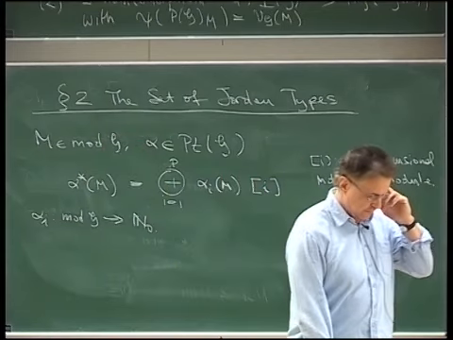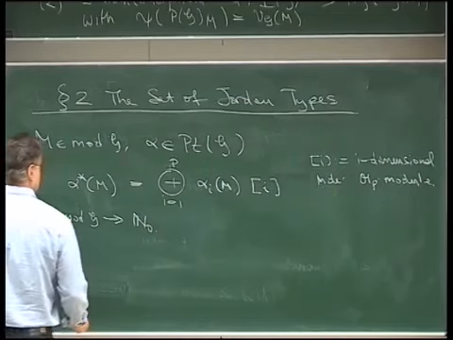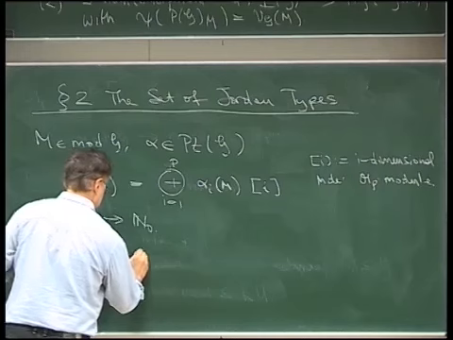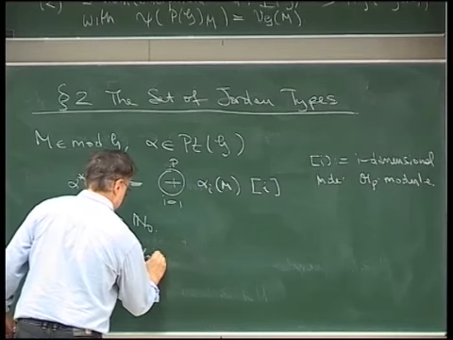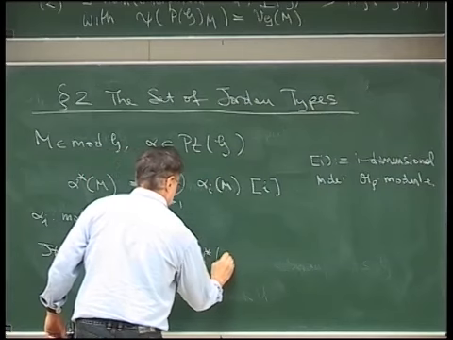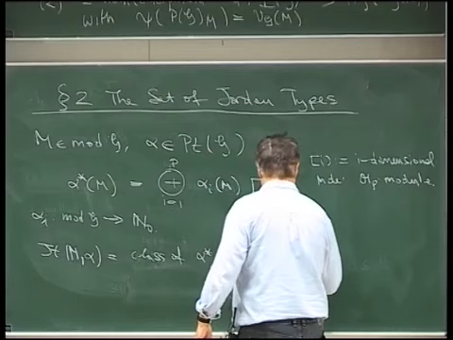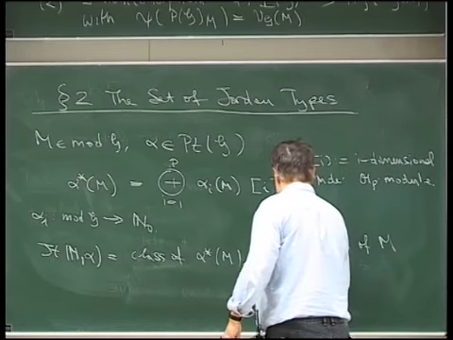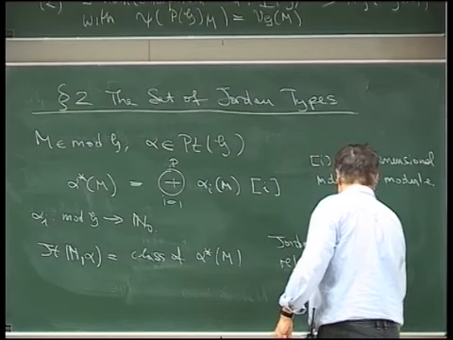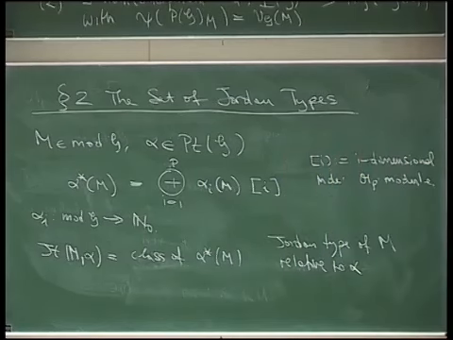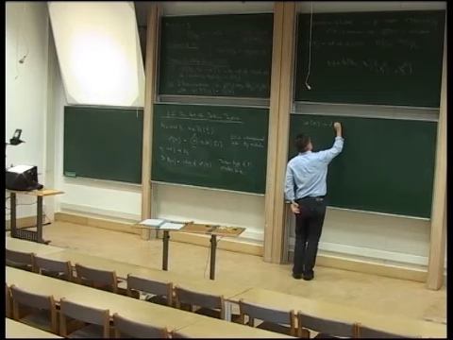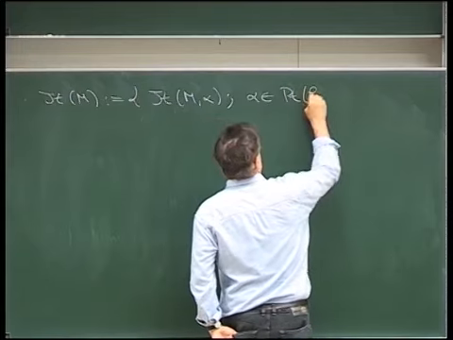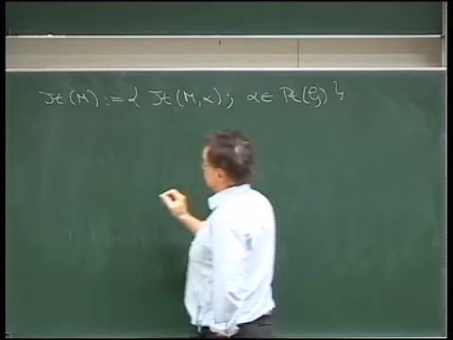And so the isoclass of alpha star of M, this is then the Jordan type of M relative to alpha, and you get a certain finite set JT of M by letting alpha run through all these p-points. So this is the set of Jordan types.